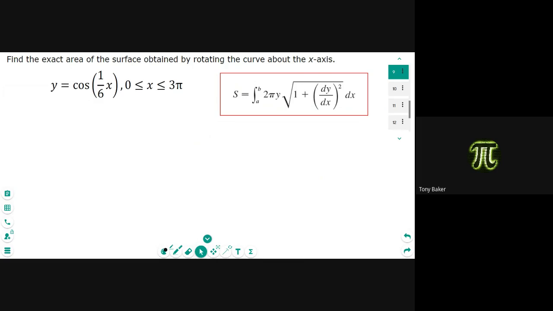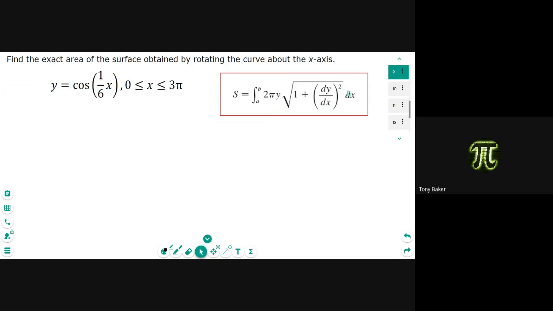And sometimes that y is an equation, right? In this case, it's going to be an equation. Sometimes it's just y. It really depends on what this is in here. Since this is solved for y, it's y equals, we're going to replace that y with cosine 1/6 x.